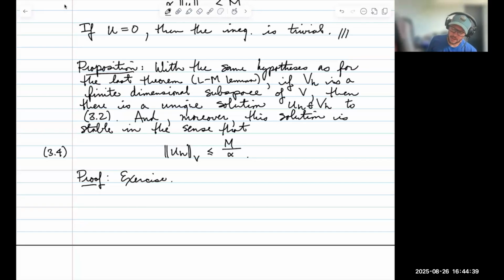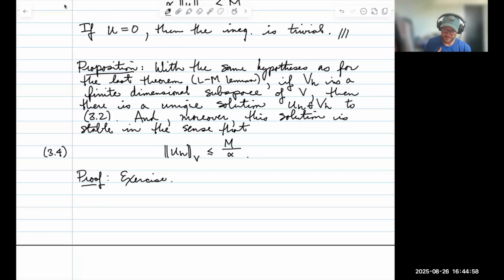No matter what, a finite dimensional subspace is always going to be a Hilbert space. So as soon as I can assume that it's finite dimensional, then I'm fine.